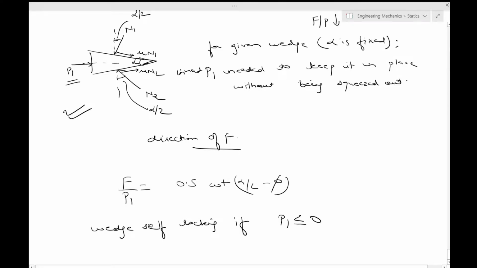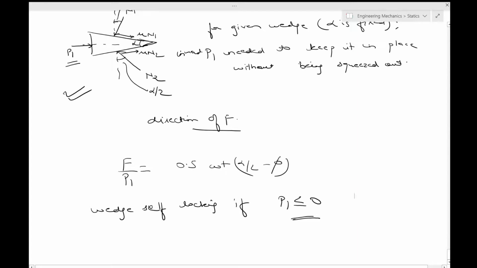That means it will not be squeezed out, because you do not require any positive P1. This means that alpha by 2 is smaller than or equal to phi, or tan of alpha by 2 is smaller than or equal to mu, because tan of phi is mu.